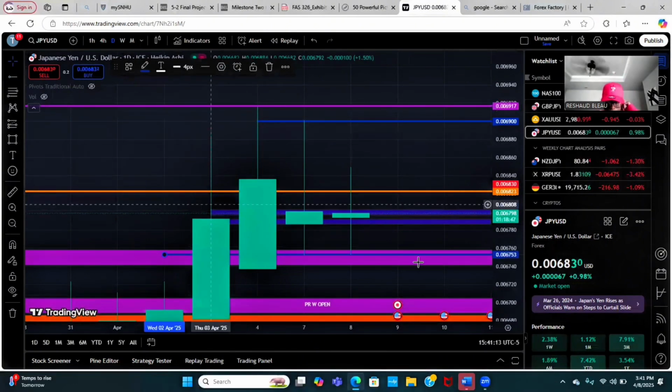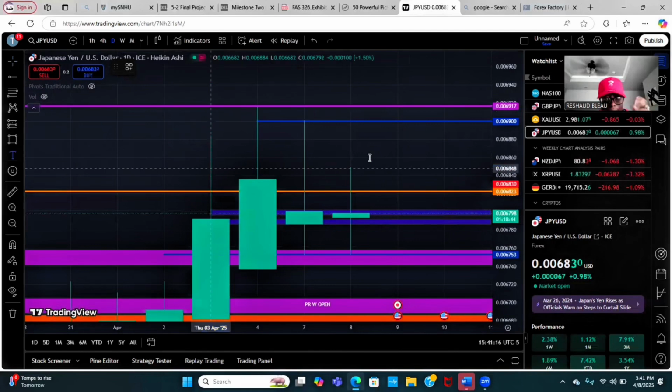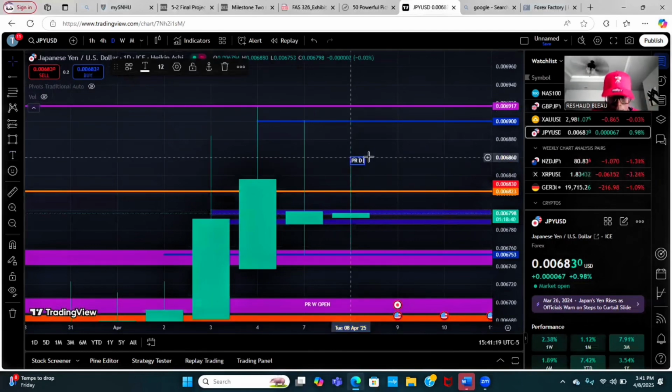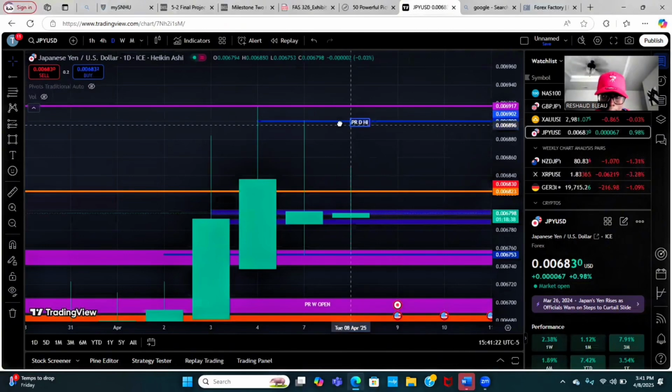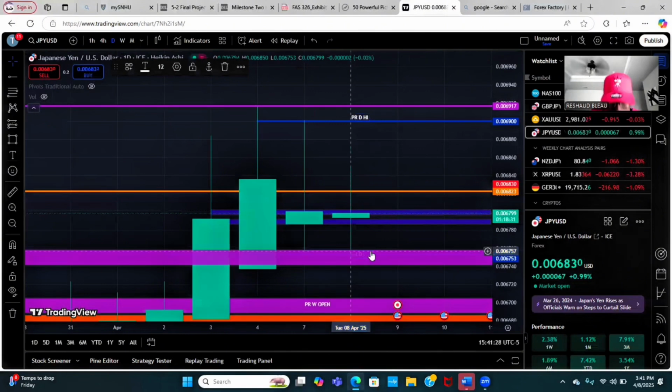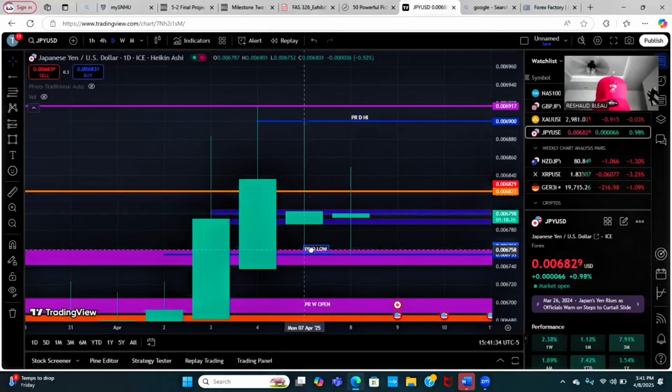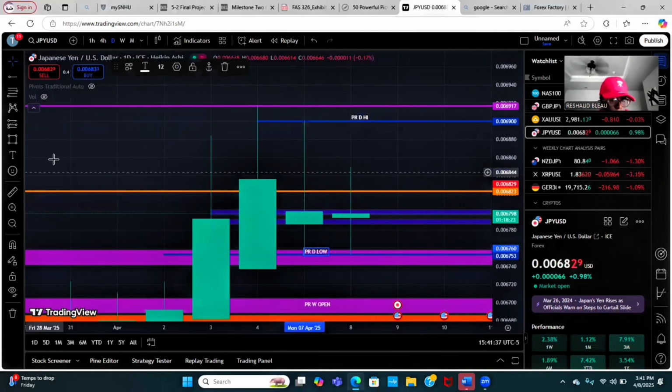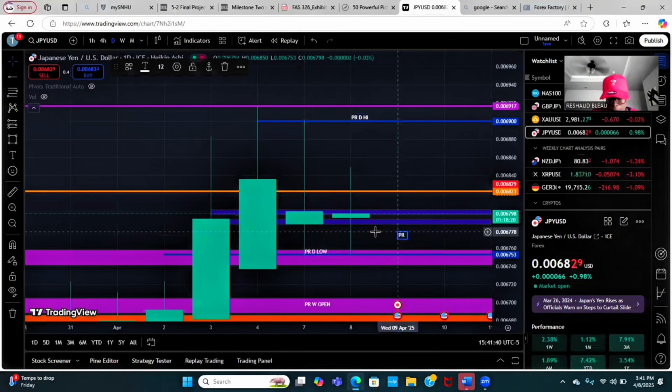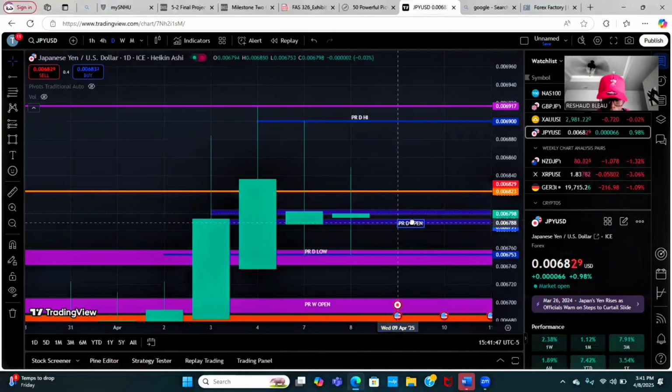All right. So let's label this previous daily high, previous daily low, previous daily open, and then the previous daily close. All right.